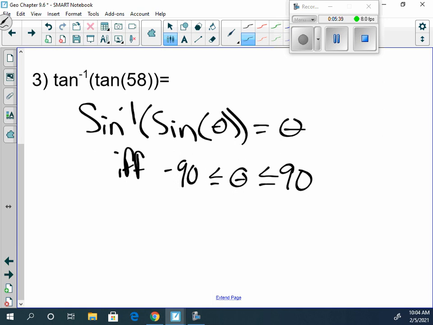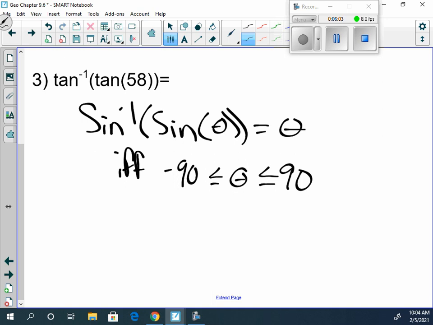Well, no, because any three angles in a triangle add up to be 180. Well, if one of them is 90, the other two cannot be what? 90. They can't be greater than 90, so we won't come across this. So we don't have to worry about this because our angle will not be greater than 90.